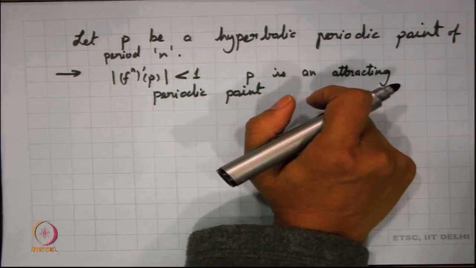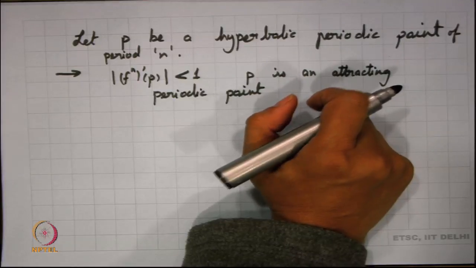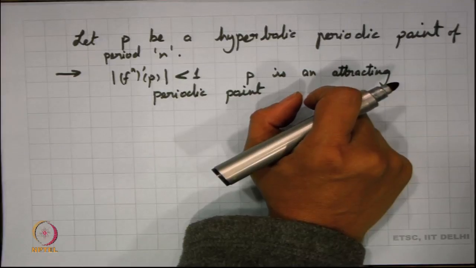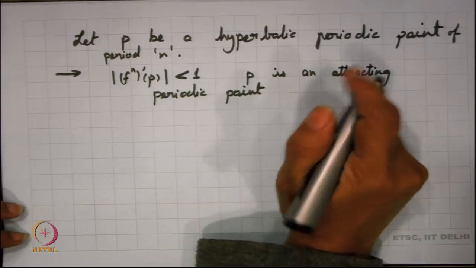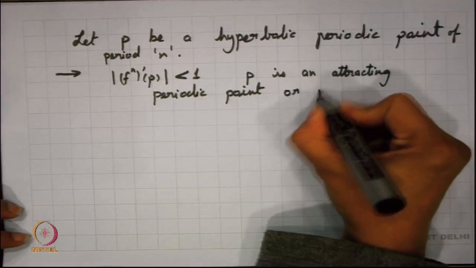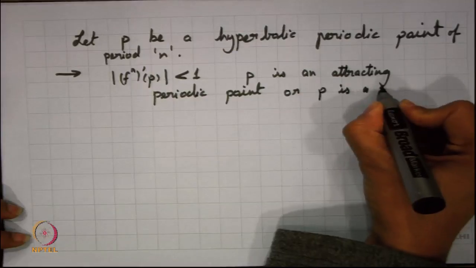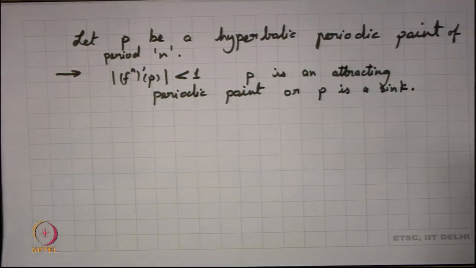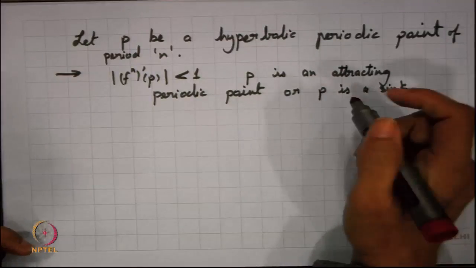Attracting periodic point means all the nearby orbits are attracted towards p. All the nearby orbits converge to p, and in that case we say that p is a sink. Everything is sinking towards p.